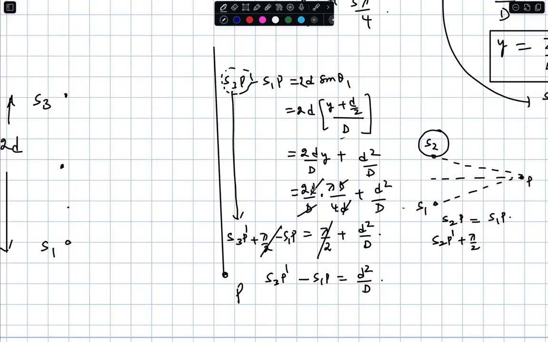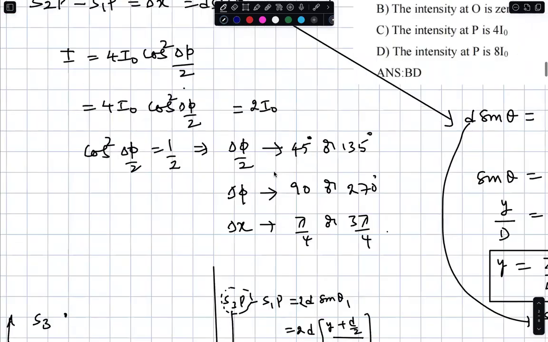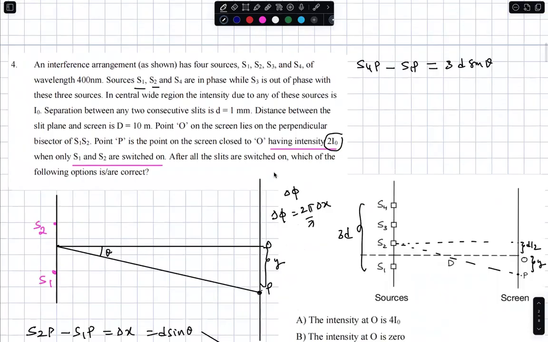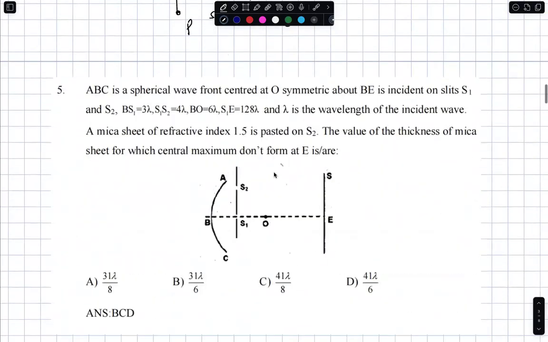So now, on this basis, I have derived the situation like this. I think they have given some values also, actually. I need to see that part also. They have given values like this.